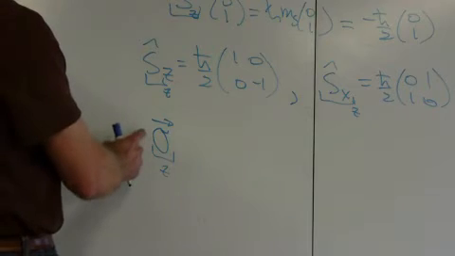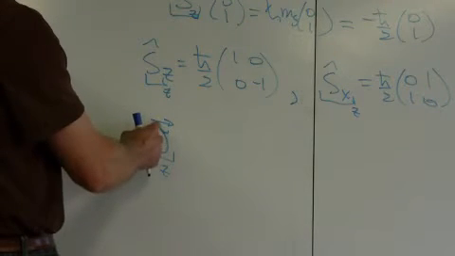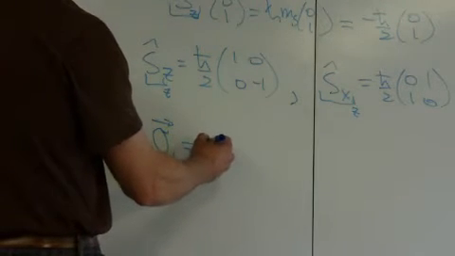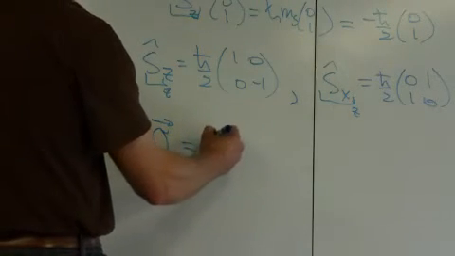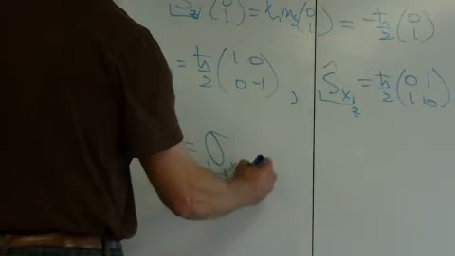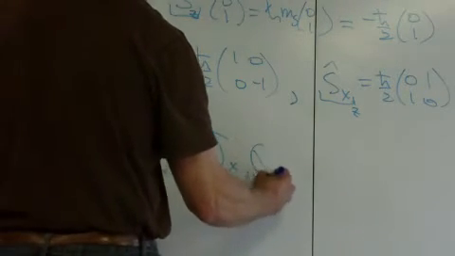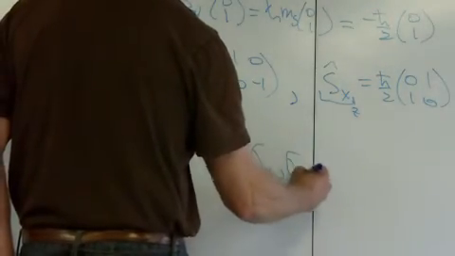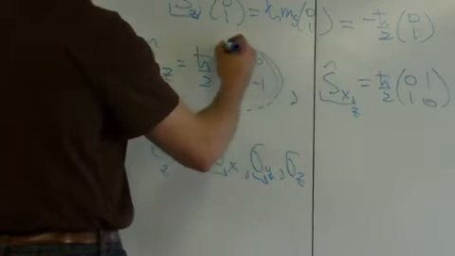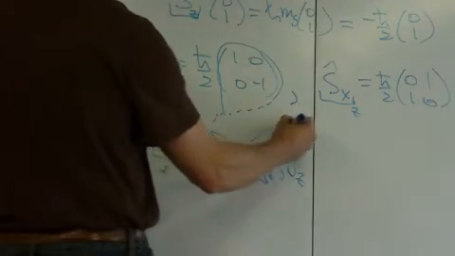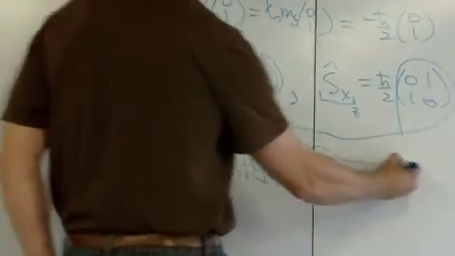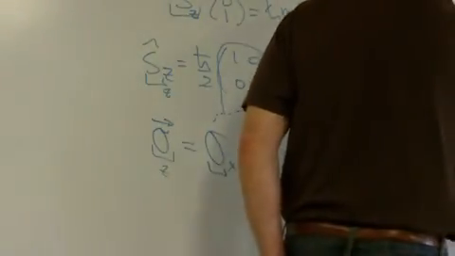This is the three vector components of the matrix, equals sigma x, sigma y, sigma z, where sigma x is this matrix, sigma y is this matrix, and sigma z is this matrix.